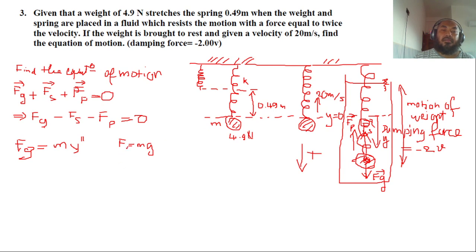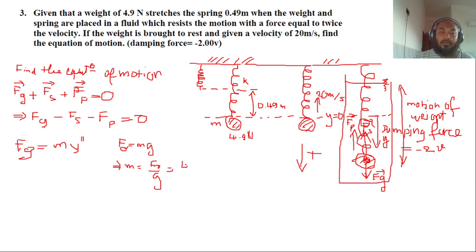Let's say F0 here is equal to mg. So m is equal to F0 divided by g, the gravity.